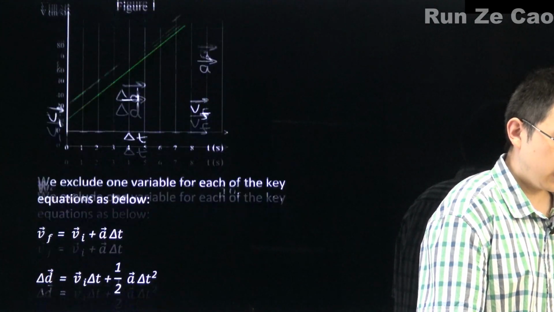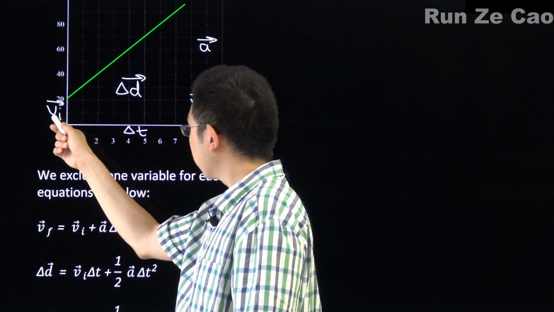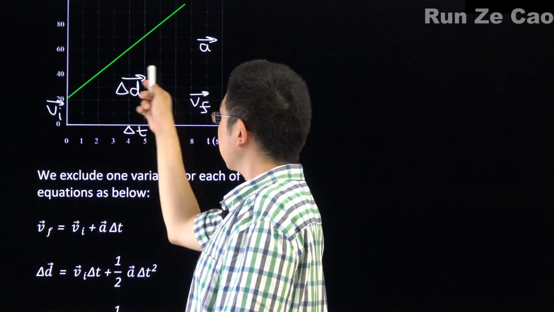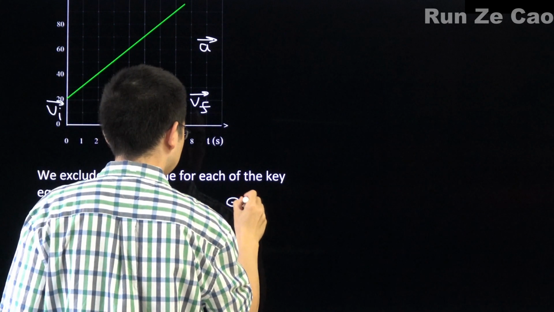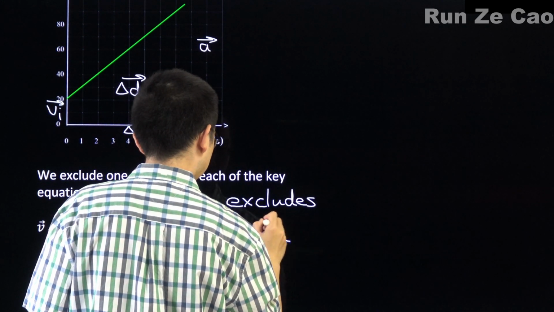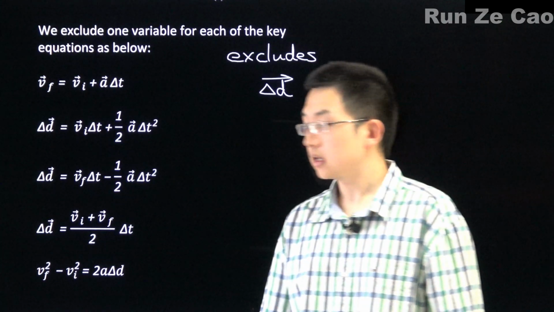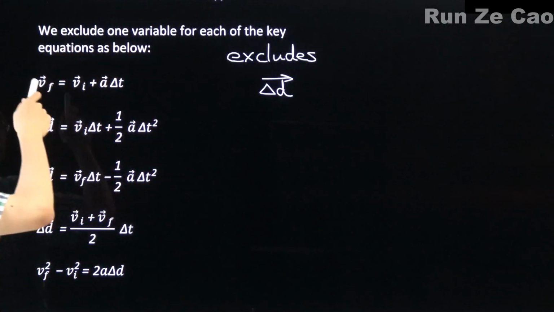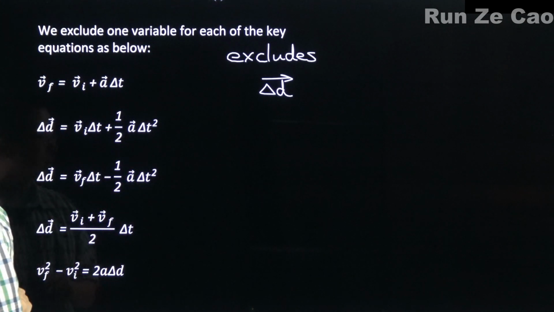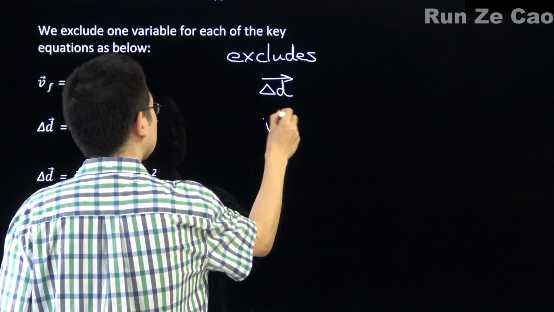Now for each of these key equations, we exclude one variable. So the final velocity is equal to the initial velocity plus acceleration times time. This excludes the displacement. And the next one is treating it as a rectangle and a triangle. We have the change in velocity for the triangle, but we don't have the final velocity shown here.